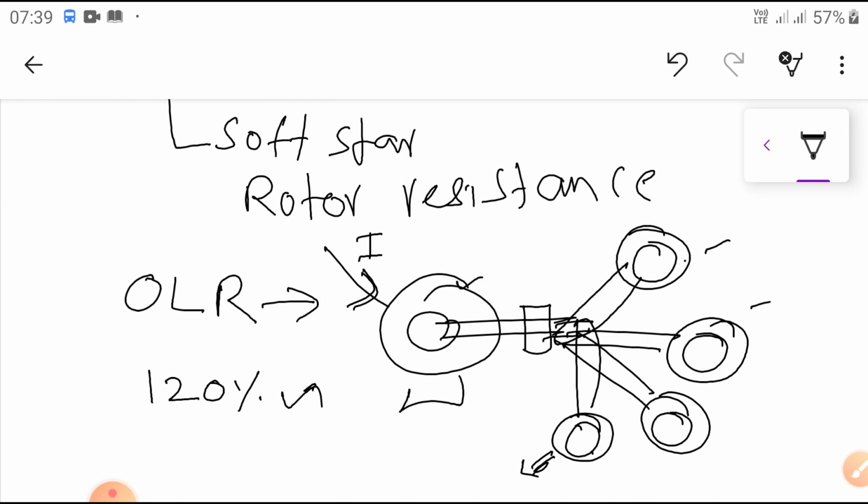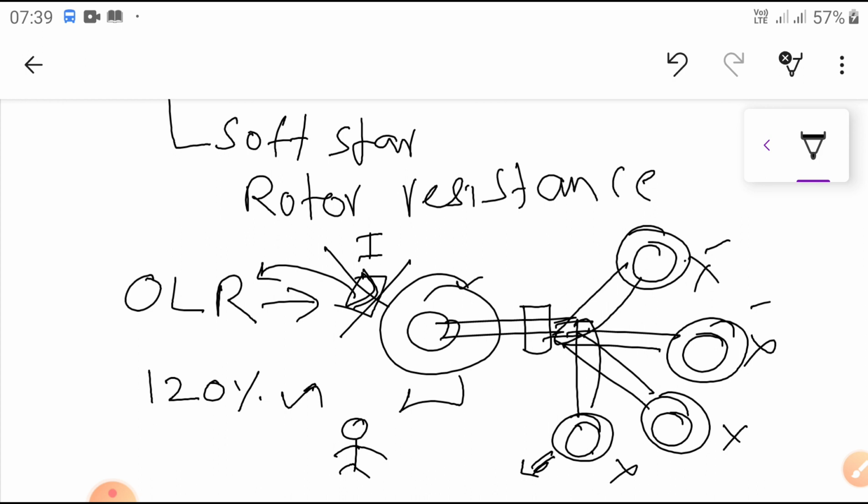At that condition, the operator is a layman, he cannot use his mind. That's why the starter is provided. Inside the starter there is an OLR, which automatically detects how much overload is on the motor. If overload takes place for some duration, the supply input to the motor is cut off and everything stops.